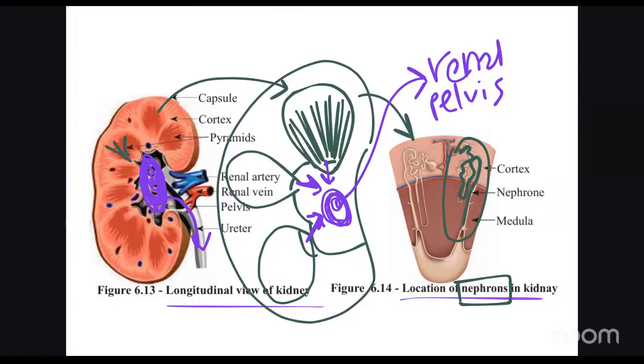Nephron is the structural unit of a kidney. Short form, oh okay, fine. We can't write short forms in the exam. If they ask you for nephron, you should write nephron. You can't write just neph.